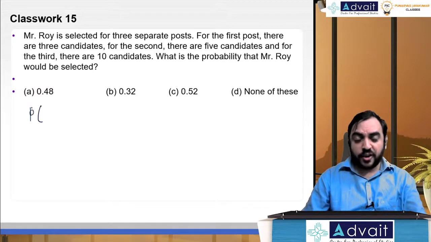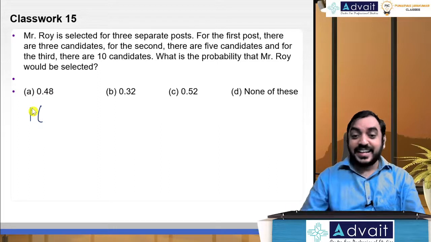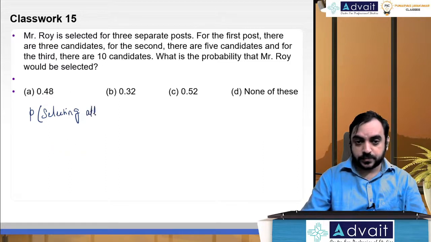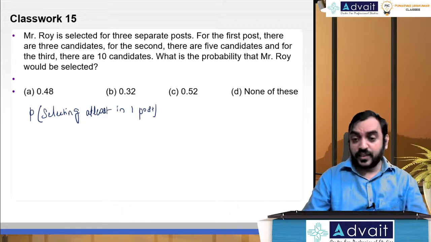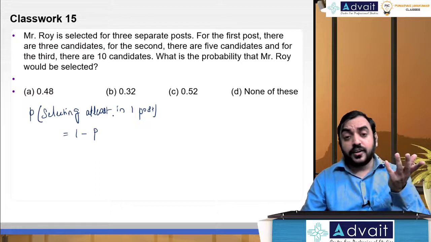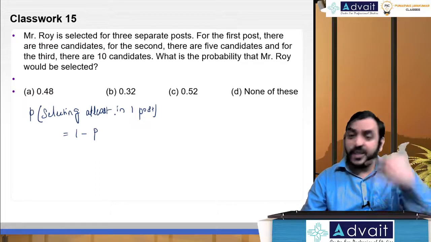Probability of selecting at least in one post can be written as 1 minus probability of not getting selected in any post.